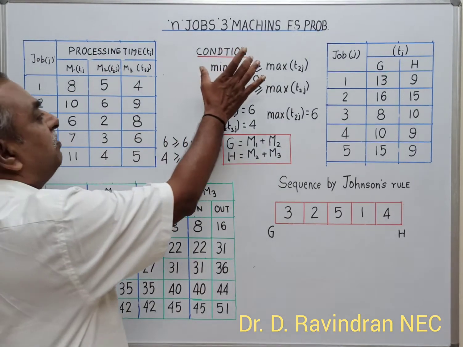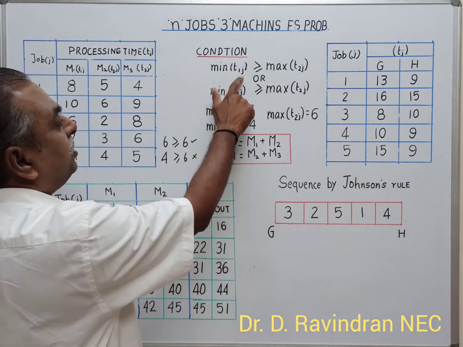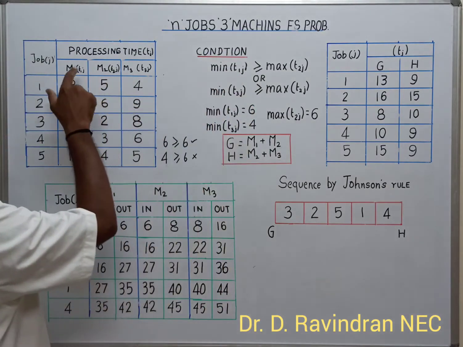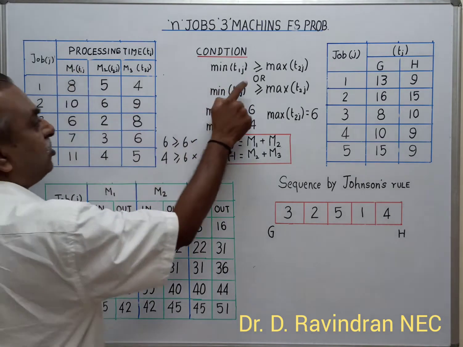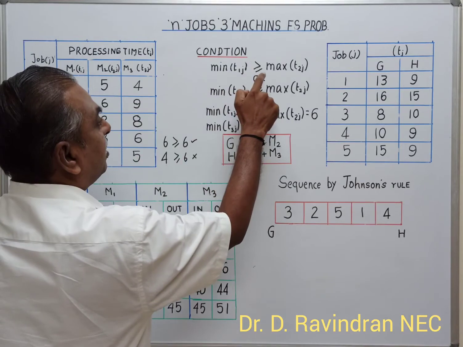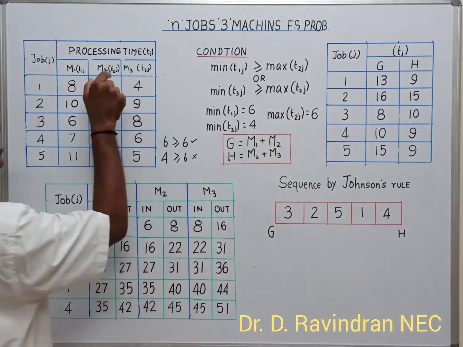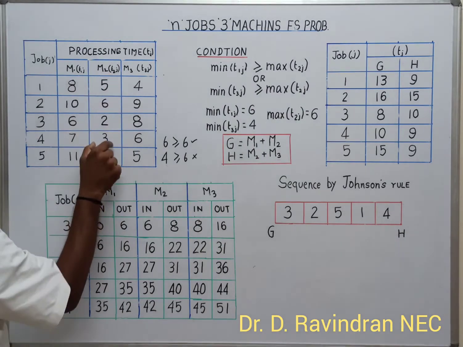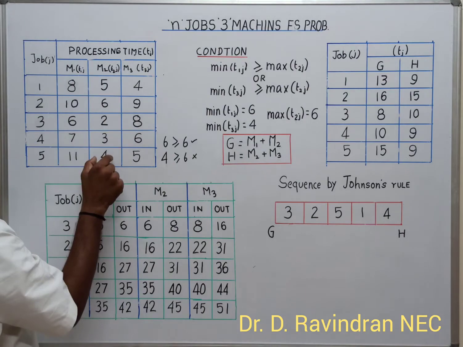Now what is the condition we have to find out? The minimum of T1J, that means among all the 5 jobs you have to find the minimum, should be greater than or equal to the maximum of T2J. That means for the second machine, in this processing time, what is the maximum?